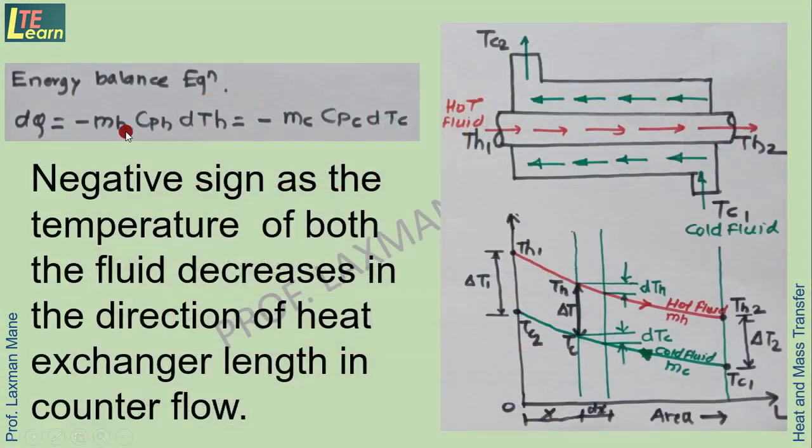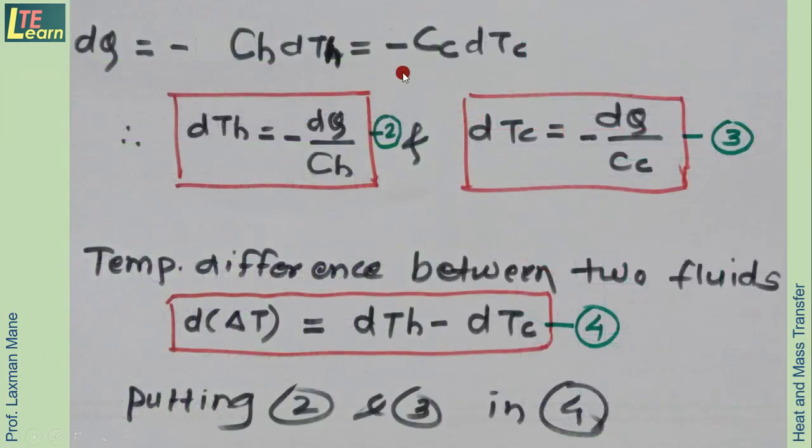See here, the product of mh into cph we can take together as CH, meaning heat capacity of hot fluid. Similarly, the product for cold fluid will be CC, meaning heat capacity of cold fluid. So here CH into dTh and CC into dTc.